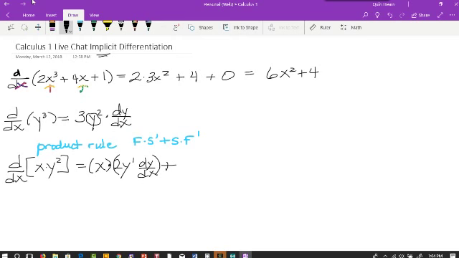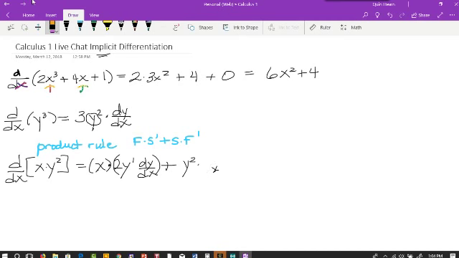Now we're going to write down our second function, y squared, times the derivative of our first function. Now, what's the derivative of x? It's just 1. But I want to point out something. The derivative of x with respect to x would give you this expression, dx dx, which is just 1.